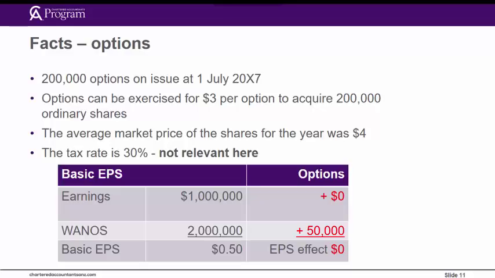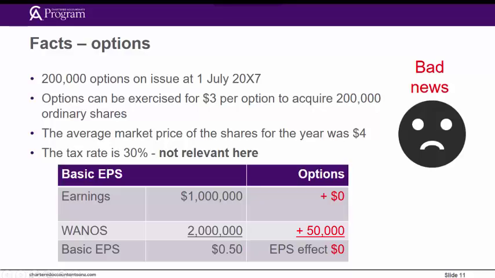So there's an extra amount of shares coming in and for no extra earnings. Therefore, we can see the EPS effect is 0, and 0 is lower than our basic earnings per share of 50 cents. So again, what we see is we've got bad news for our existing ordinary shareholders.